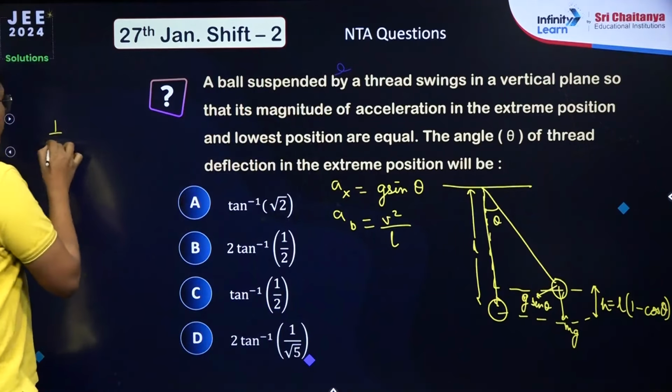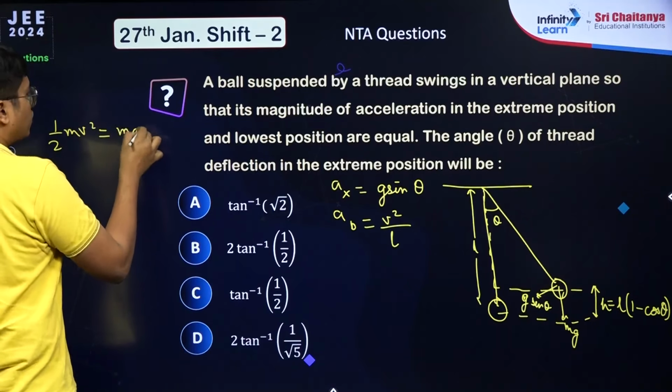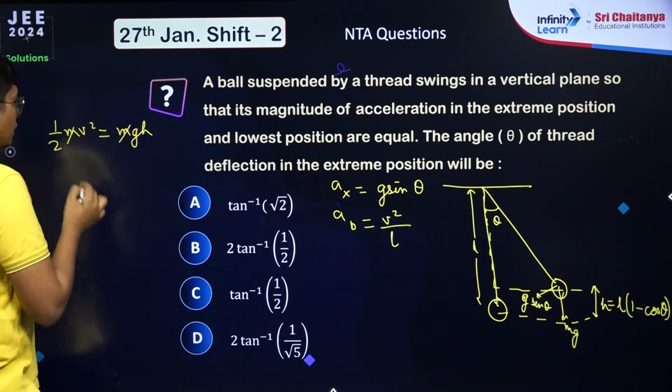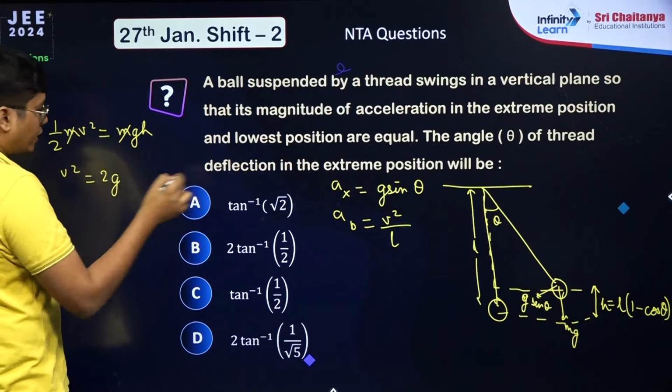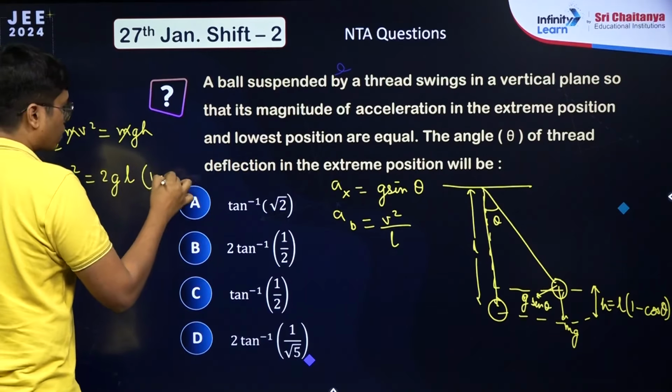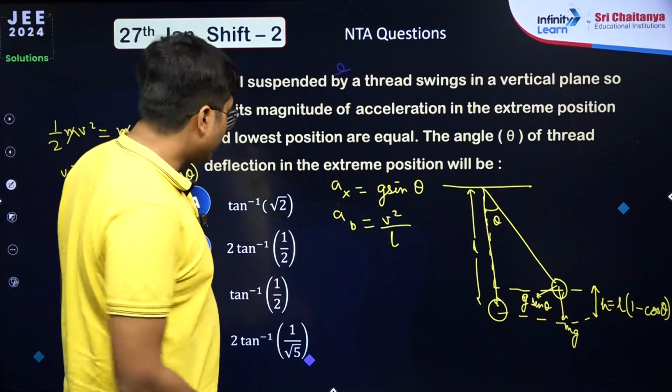So by equating kinetic with potential energy, half mv square is equal to mgh. Cancel the m out. We get v square is equal to 2g into L into 1 minus cos theta.